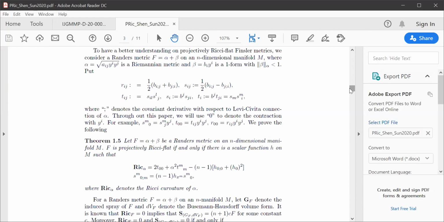So that Ricci curvature of a Finsler metric is not going to be projectively invariant, unless your projective change also preserves the volume form. That is unlikely to happen.